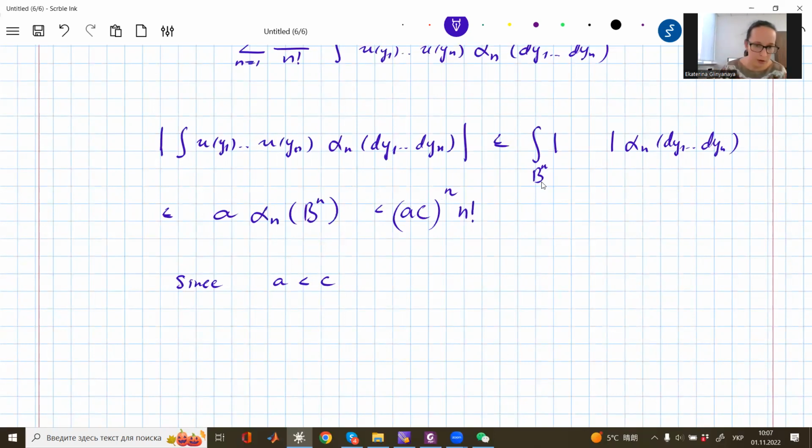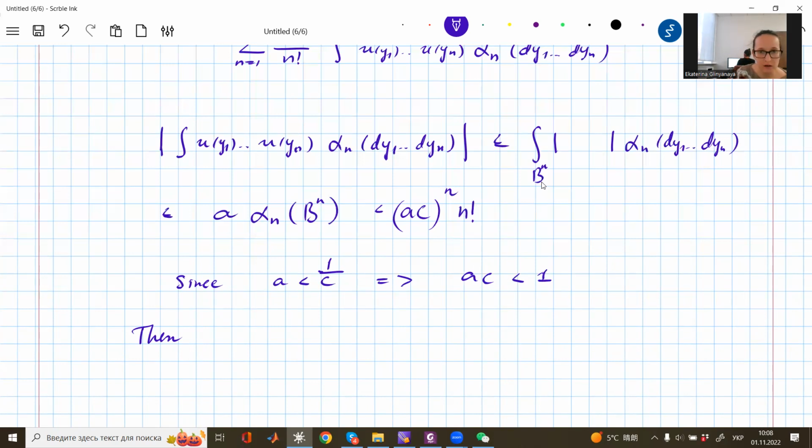So we will have that the series converges then a times c is less than 1.